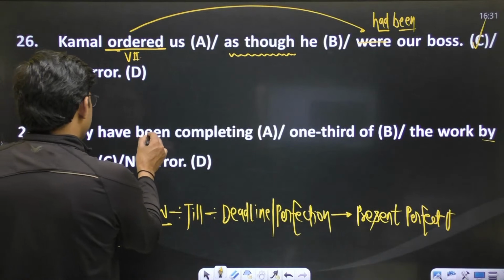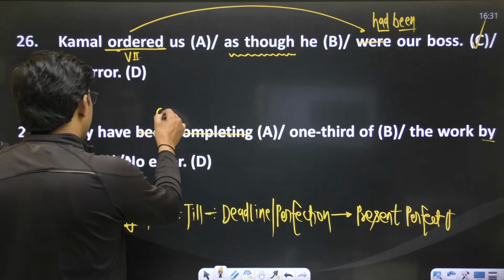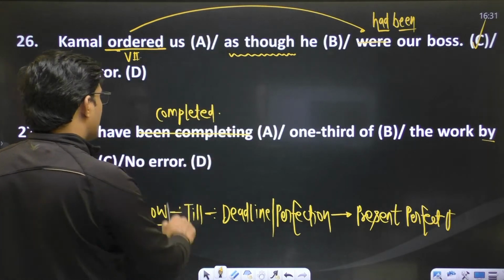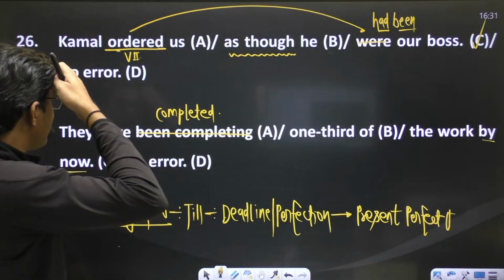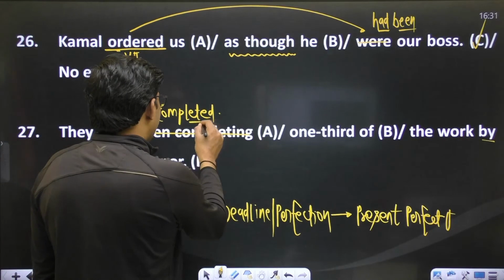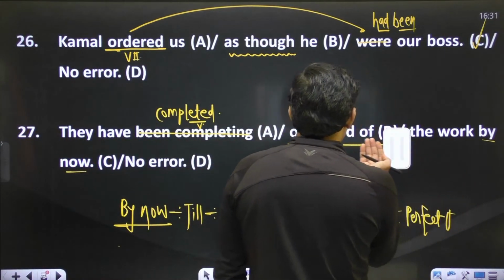So to make it present perfect tense, just say have completed. Sentence will be like, they have completed 1/3 of the work by now. And one more thing, after this verb, you have a result, 1/3 of the work.